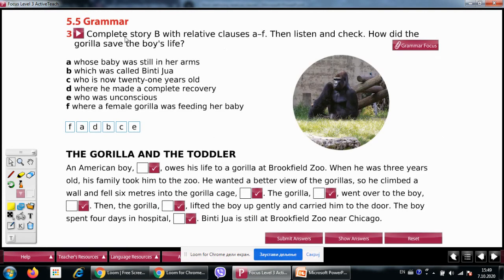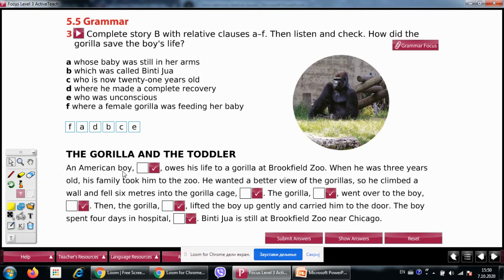Complete story B with relative clauses from A to F. Then listen and check. Okay, so we have relative clauses here, which we have to put in the right order in these blank spots here. So let's begin. The gorilla and the toddler.